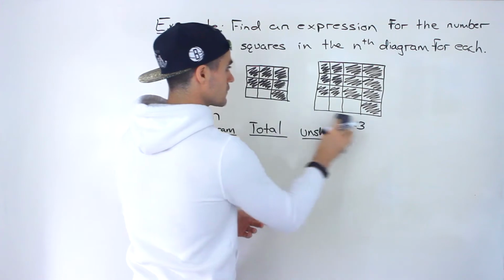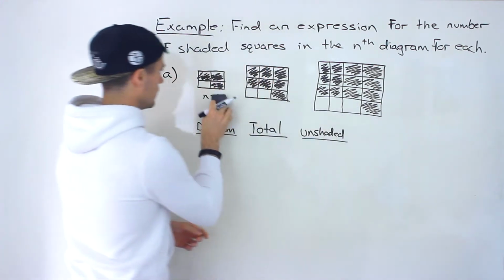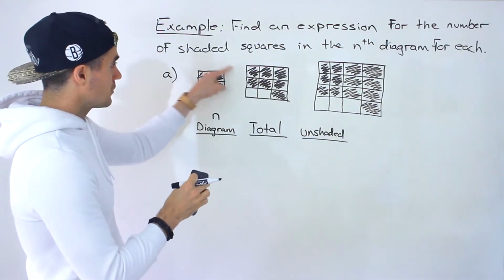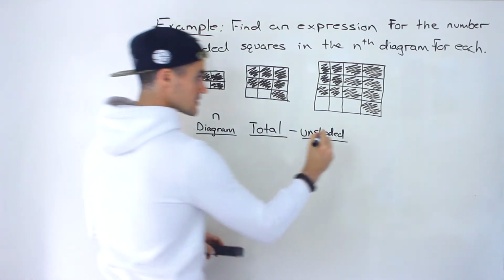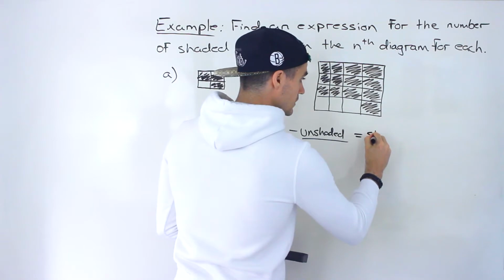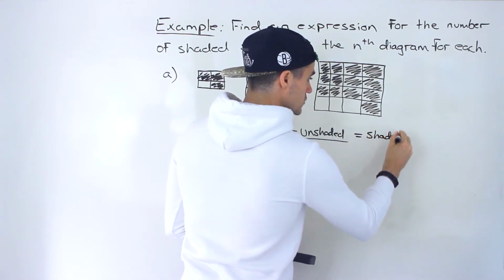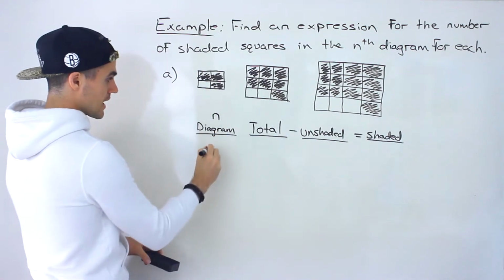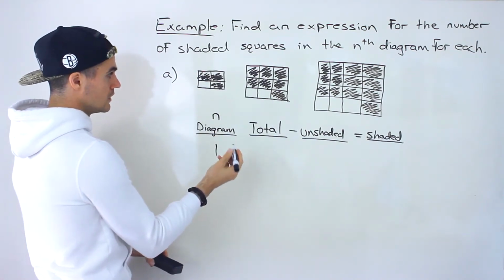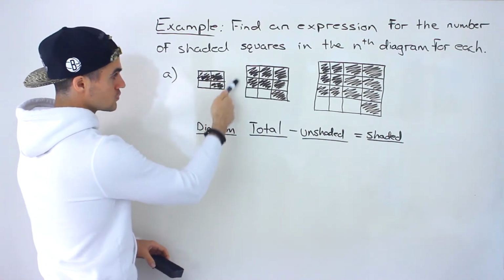Let me erase these over here. The total number of squares minus the unshaded number of squares is going to give you the shaded number of squares. So for example, this first diagram, when n is 1, how many total squares are there?